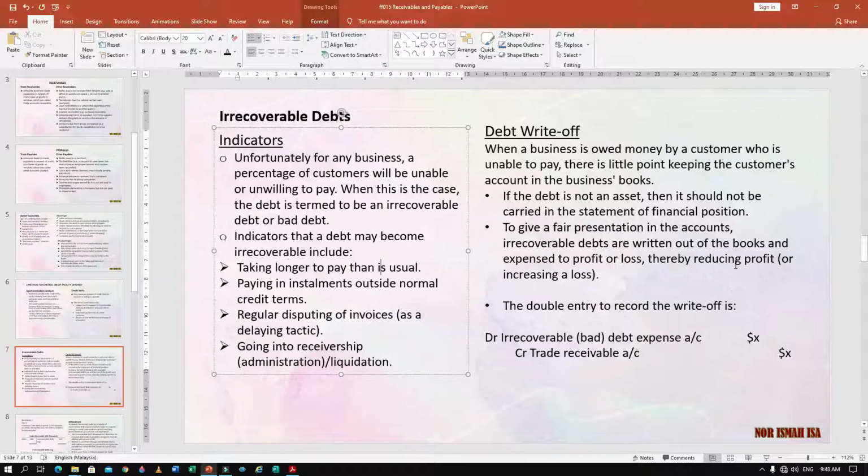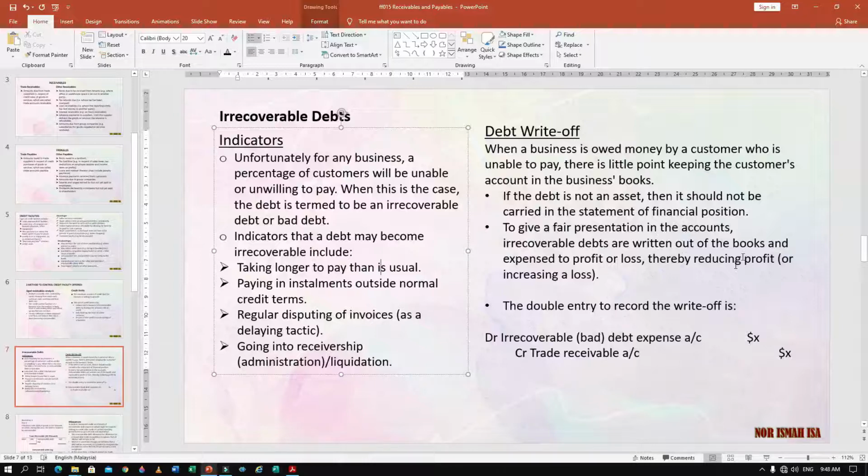So this is what happens when the business knows that this customer is unable to pay, meaning that they won't receive the money. This account receivable is not an asset because no money is expected to come to the business.